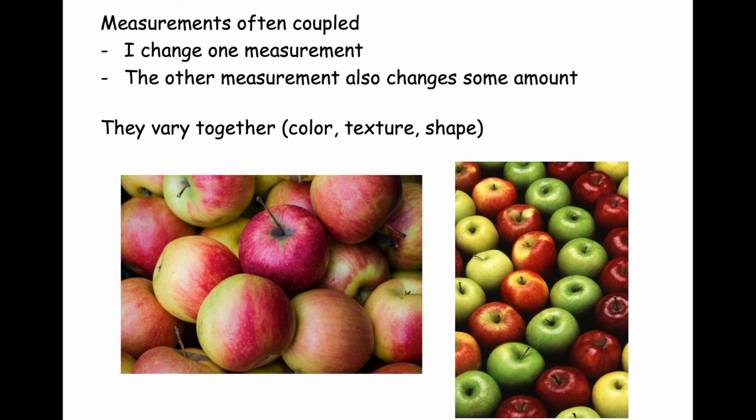You take the texture or the pattern of variation of color, well, it's kind of splotchy, right? You have some red that goes to dark red, light red in a certain pattern. And if you take the shape, it's kind of roundish, right? Some are more round than others, some are less round, but nonetheless, they're all some kind of variation of round. So these all vary together. So you have a certain color that comes with a certain shape, and that's what it means to be an apple.